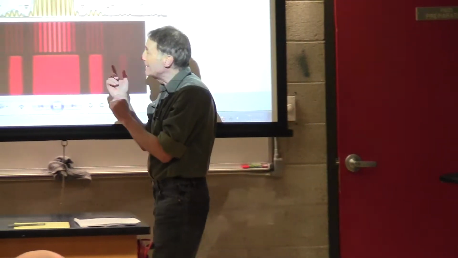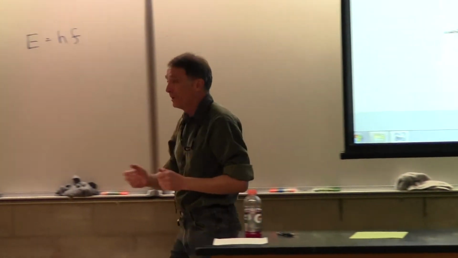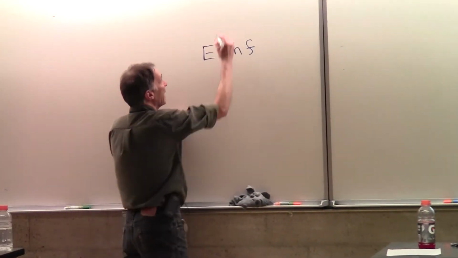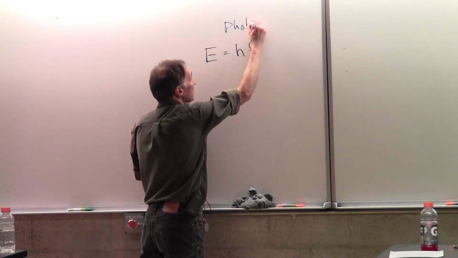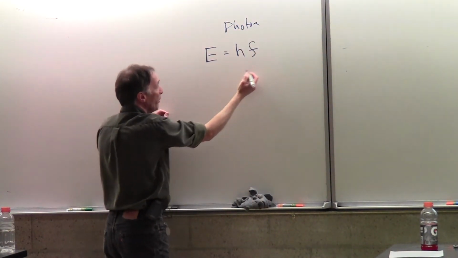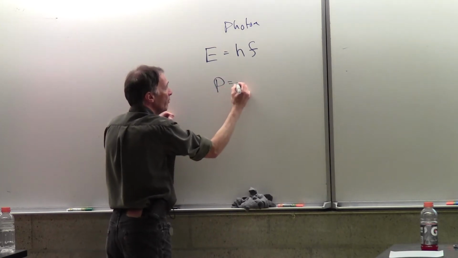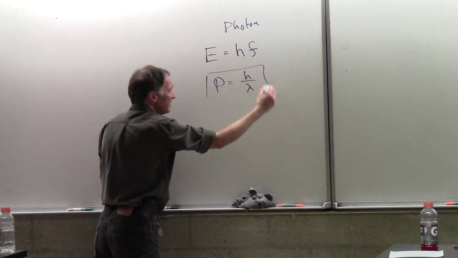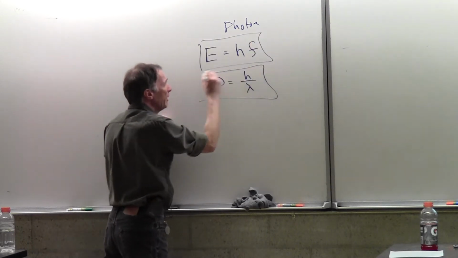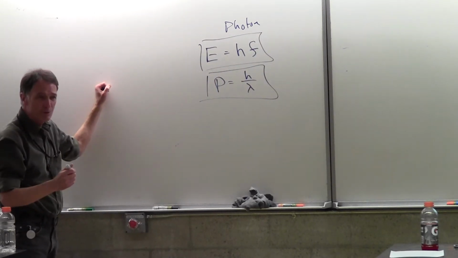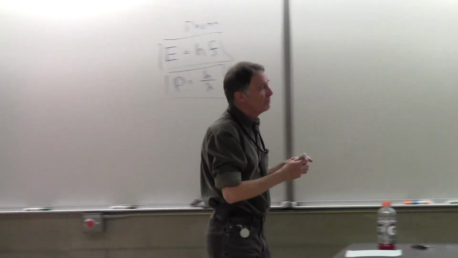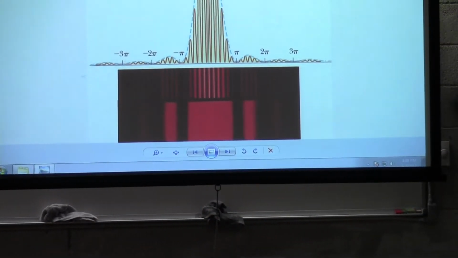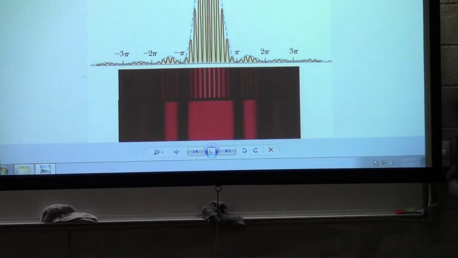Now this is where de Broglie picked up. He said, we know for photons that we've got the energy of the photon, and the momentum of the photon is h over lambda. We've got these properties. He suggested that these dual properties apply to matter as well. So if you use electrons, in fact, the previous graphic was for electrons, we'll keep this graphic up here.